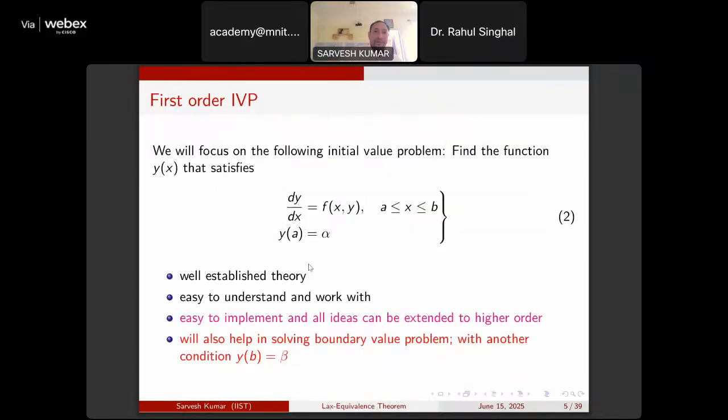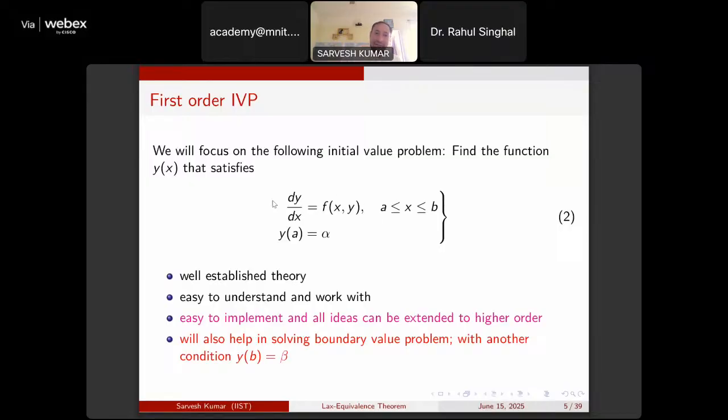Okay, so let's see. If you have a first order initial value problem, given f, I want to find y, dy/dx equal to f, which could be a non-linear function. Why do we prefer to work with first order initial value problems? Because they have well established theory and are easy to understand and implement.